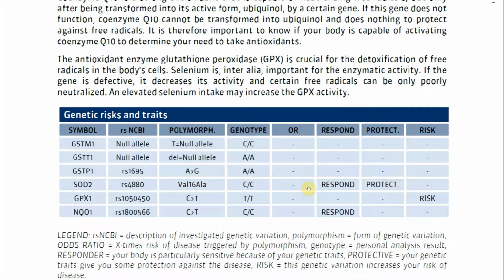The gene has instructions for an enzyme that has the function to float around and grab onto free radicals and neutralize them. However, for this enzyme to work, it needs selenium. Selenium is an integral part of how to build this thing, one of the building blocks. So, if a person is selenium deficient, has too little selenium through poor nutrition, they are going to produce the enzyme, but it's not going to work.